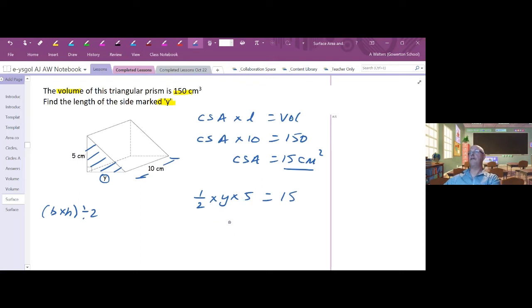So a half of 5 is 2.5. 2.5 times y is 15. Now, if you divide 15 by 2.5, you get 6. So 6 centimeters is the distance we were trying to find. Okay, so that's the way I've chosen to do that question. You may try and find y using the whole volume formula.